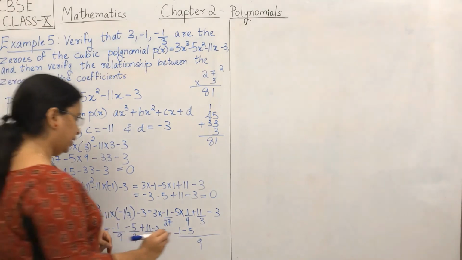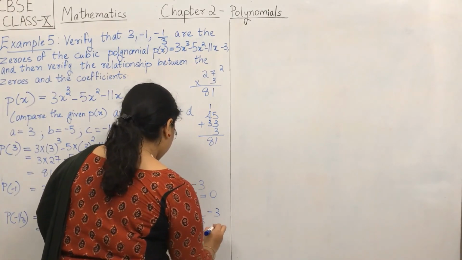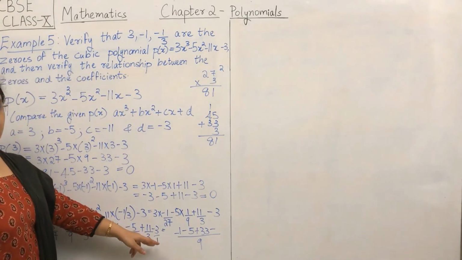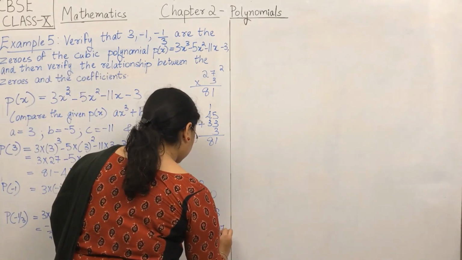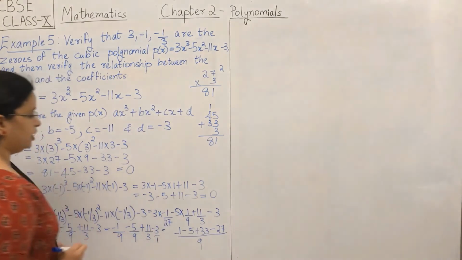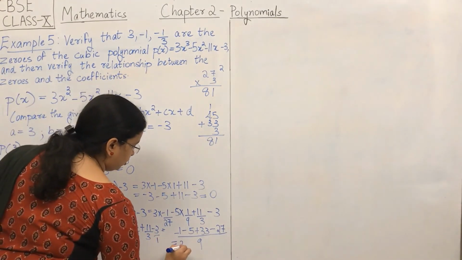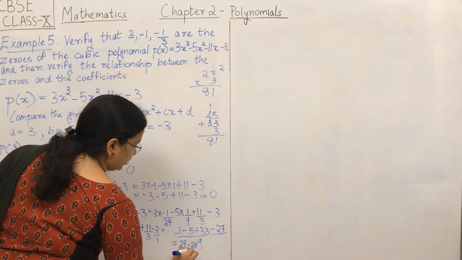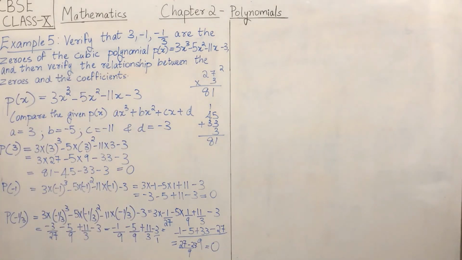So 11 into 3 plus 33, minus, here the denominator is 1 into 9. So 3 into 9, 27. Okay, it is equal to again 27 minus 27 by 9 equal 0. So we have proved that these are the zeros of the given polynomial.